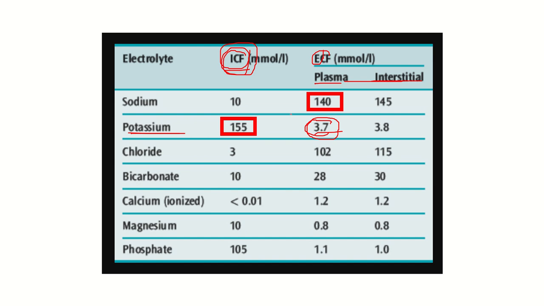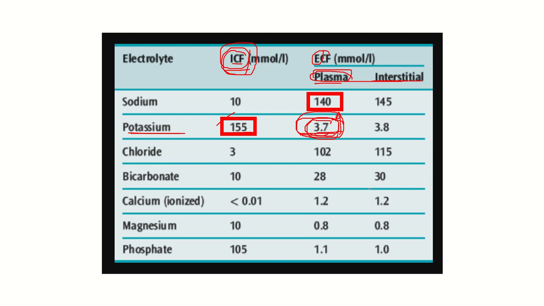And we know when we measure the potassium level, we measure only this plasma level of the potassium. So the potassium 3.7 is what we usually measure in the blood, but when this blood level will increase, it is very easy. If we destroy any cell, this 155 millimole per liter potassium will be released into the plasma.